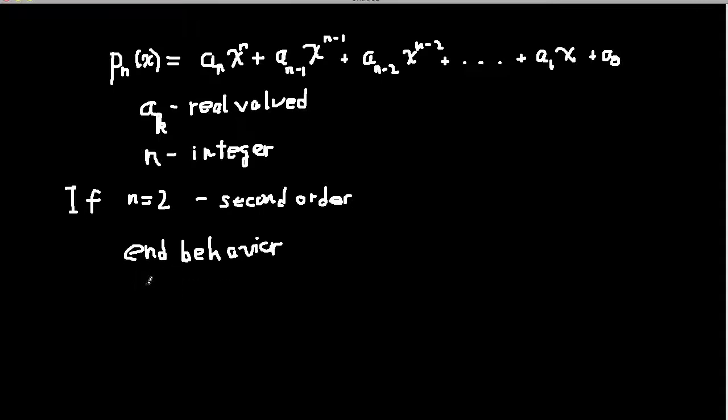So in general, this end behavior, so as x approaches infinity on the plus side, or x approaches negative infinity on the minus side, the end behavior is going to be completely determined by the largest power here of the polynomial.